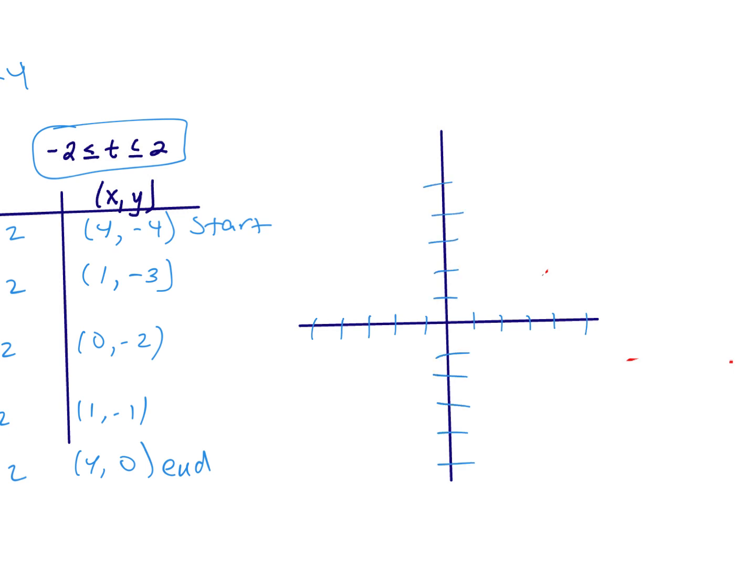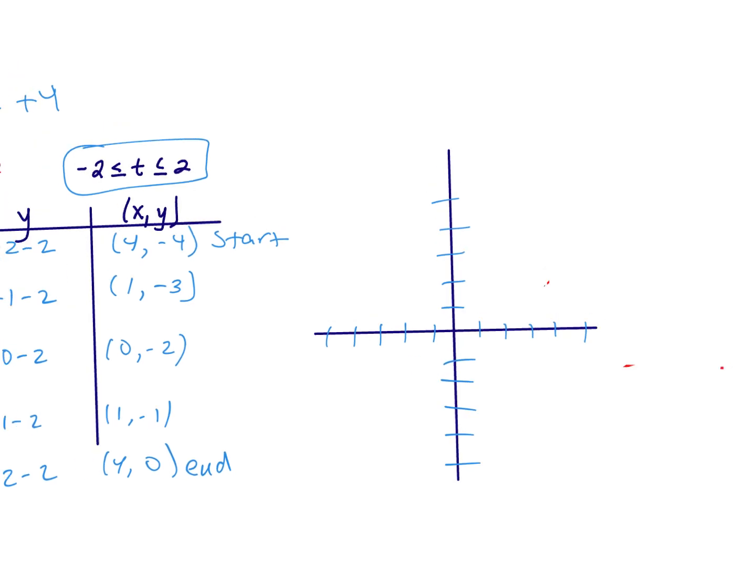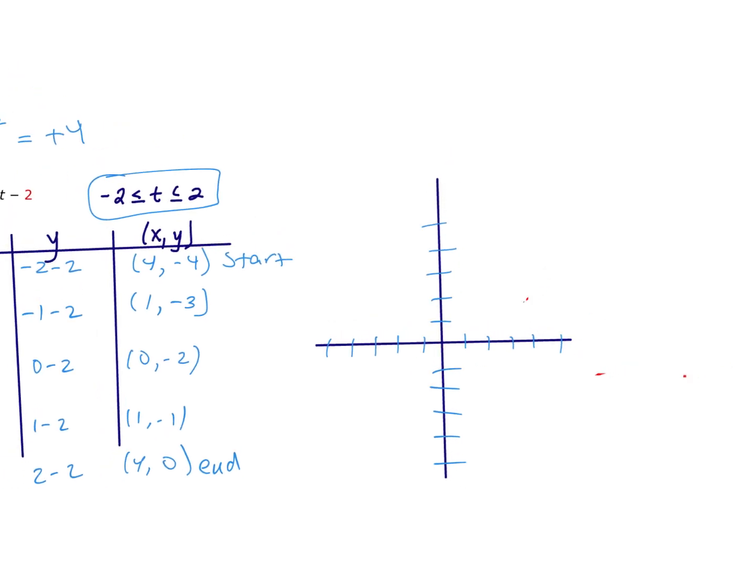Just make sure your graph fits. You're going to write your own tick marks. So 4, -4. 1, 2, 3, 4. Down. 1, 2, 3. Somewhere around there. 1, -3. 0, -2. 1, -1. And then 4, 0. 1, 2, 3, 4.